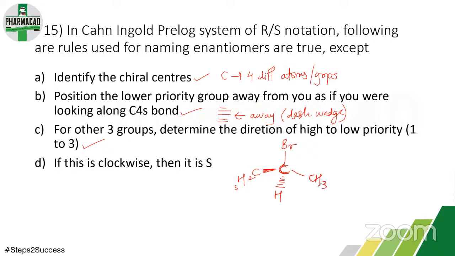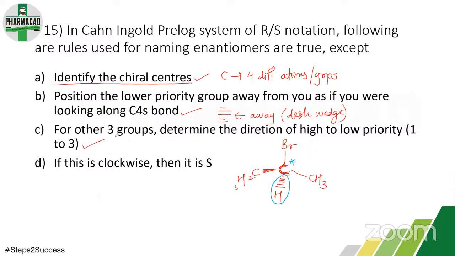First we have to check the chiral center. This carbon is attached with four different atoms and groups, so this carbon is chiral. Second, position the lowest priority group away from you as if you were looking along C-4. Hydrogen is on a dash wedge, which means it is away from the observer.